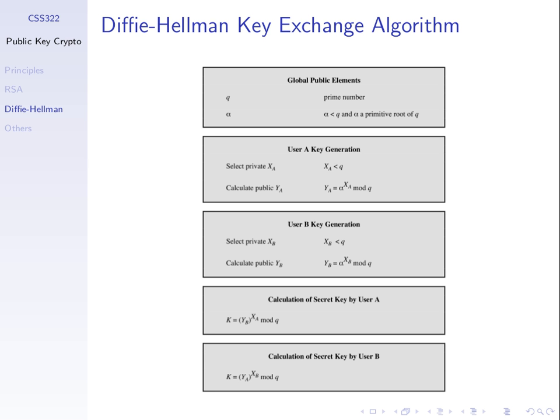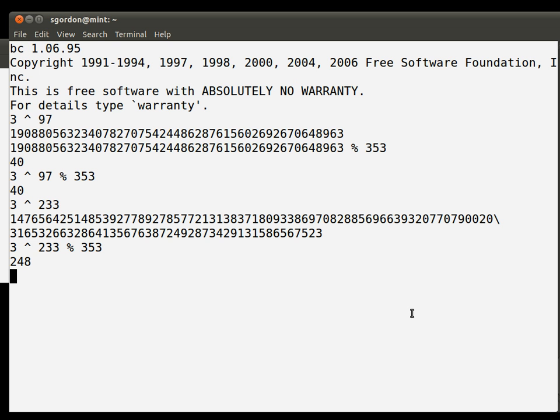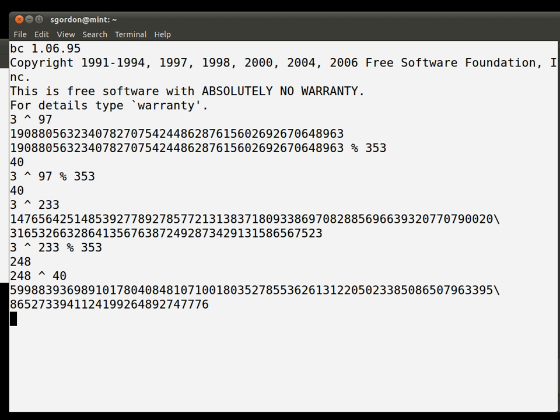XA is 40, mod 353. 248 to the power of 40 mod 353, 162.